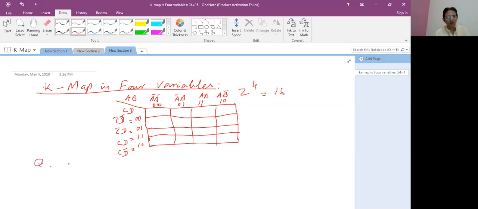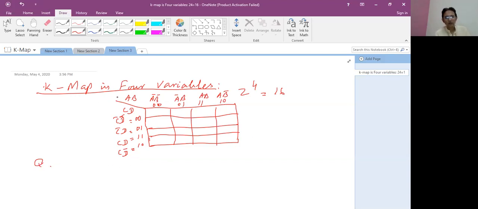Now we consider an application about K-map in 4 variables. So now write an application.